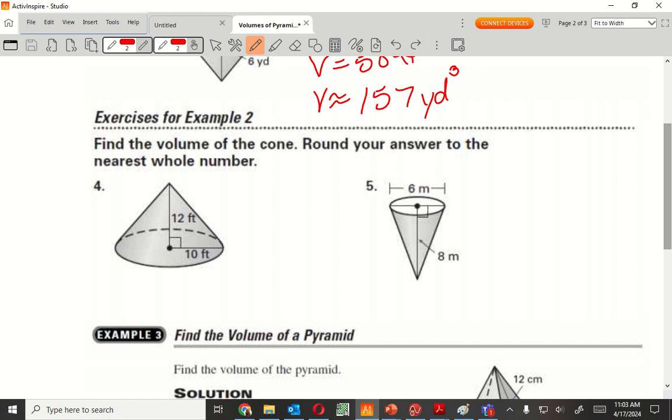No, multiply. Just multiply it all out. Put it in the calculator. Okay? Hi, Karen. Okay. It looks good. Okay. 1200 divided by 3.